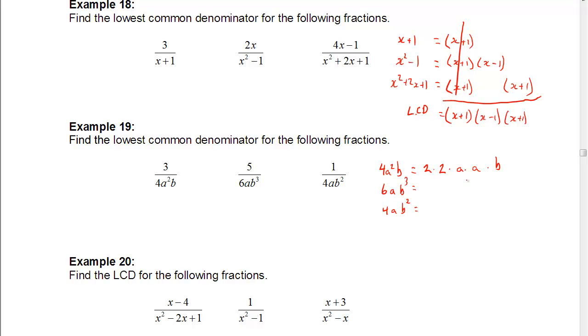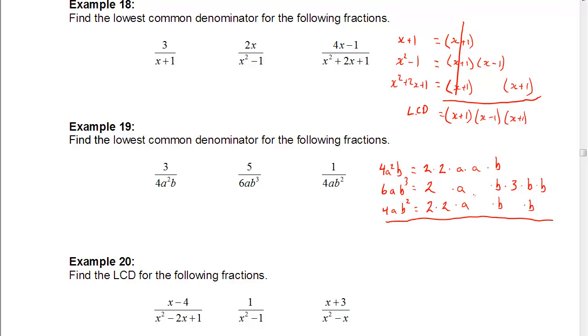So there's 4a squared b broken down into factors. 6 is 2 times 3, but we don't have a 3, so we have to put that at the end. A we have here, so we can put that one. B cubed, well we have 1, we need 2 more. So there's 6ab cubed. 4 is 2 times 2, then a, and b squared, so 1 b here and 1 b here.